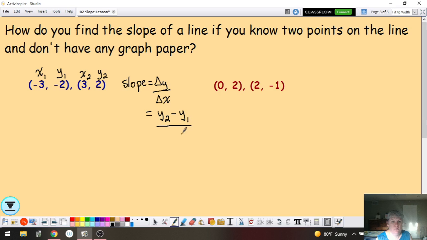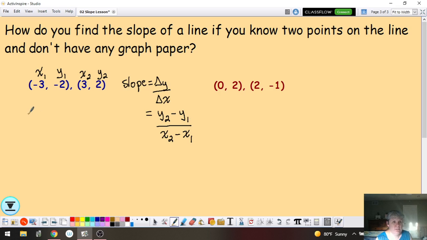And I can put that over my second x value, subtract my first x value. That's the change in my x. Since I have my points labeled x1, y1, x2, y2, I can follow this slope formula to find my slope.